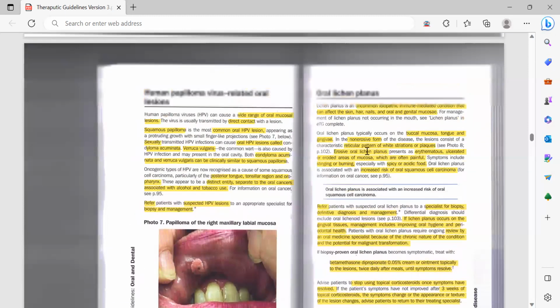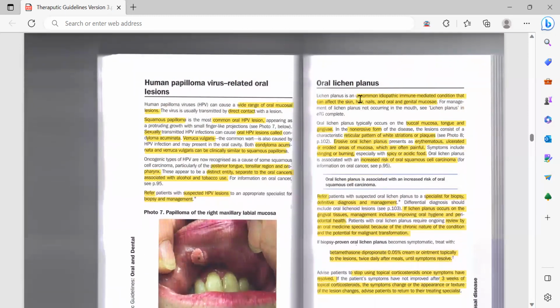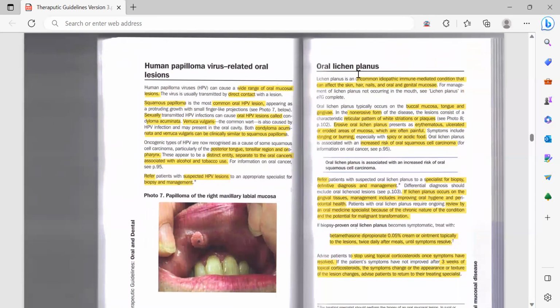Okay, so in this topic, what you need to learn is what lichen planus is. It is an uncommon idiopathic immune related condition which can affect the body systemically, and in the oral cavity it occurs mainly on the buccal mucosa, tongue, and gingiva.